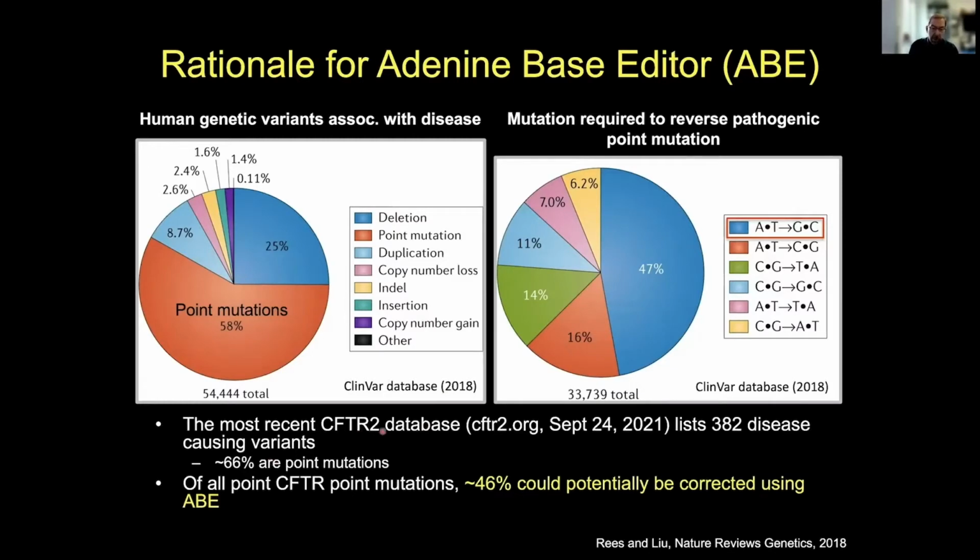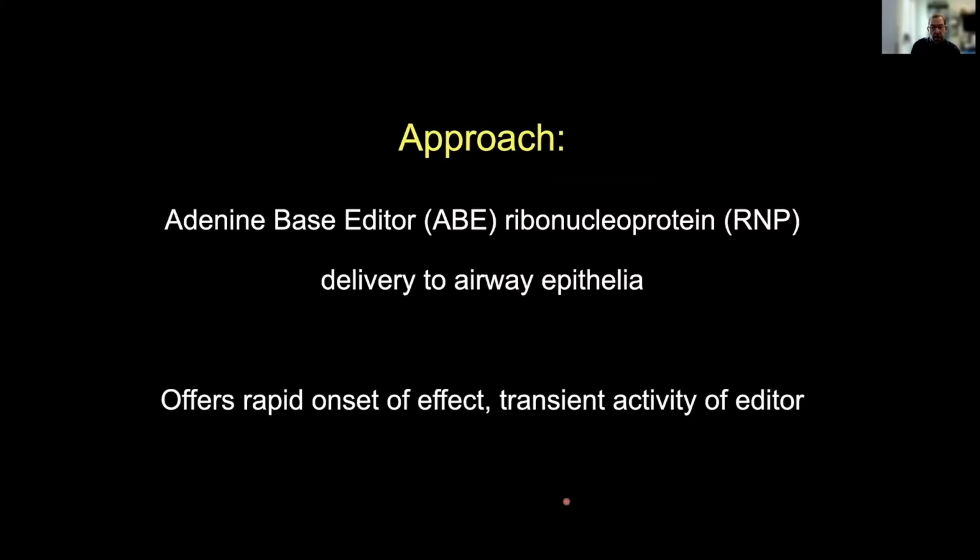In the most recent CFTR2 database, about 60% of the disease-associated variants are point mutations. And of all these point mutations, about half could be potentially corrected using an ABE. So our approach is to use ABE ribonucleoproteins, or RNP, to make these changes. And this approach offers a rapid onset of effect and transient activity of the editor.